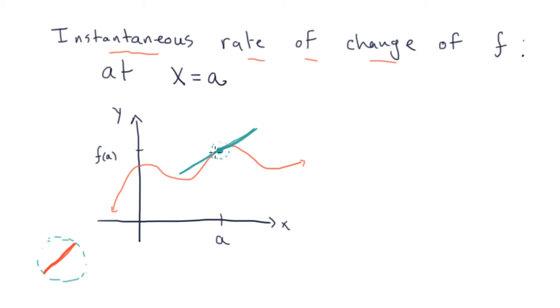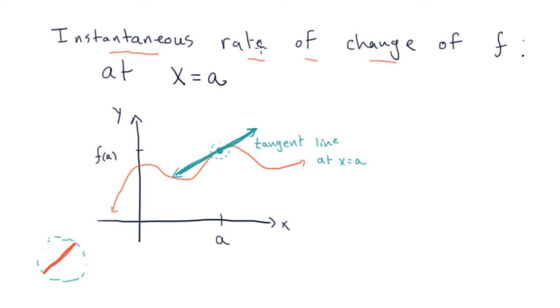Well, the tangent line is the line that passes through that point, a, f of a, but that's the only point in that small little window that the tangent line hits. So it just barely grazes the function like that. So this is the tangent line. Now it's not the tangent line between 2 points, it's the tangent line at x equals a.